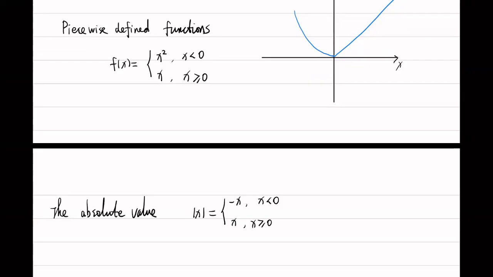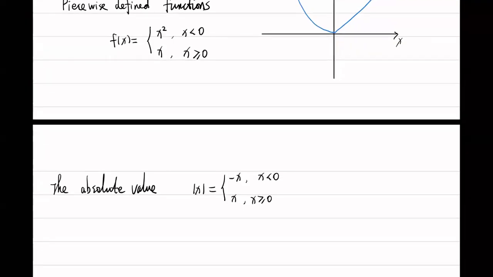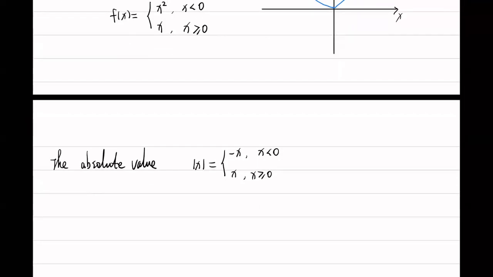I think you have seen this before. Sophia, can you describe the graph of this function? So it's like the graph of the function y equals x on the right, including 0, and to the right of that.